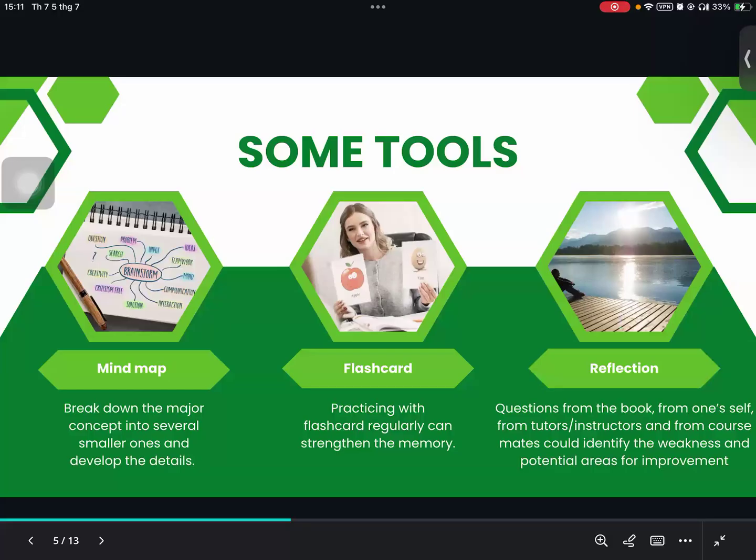If you just read the study guide, you may get entangled in very complex details of the book. They may have some case study, they may have some irrelevant information, and that may confuse you. But by using a mind map, you can clear your mind and learn the matter much easier.